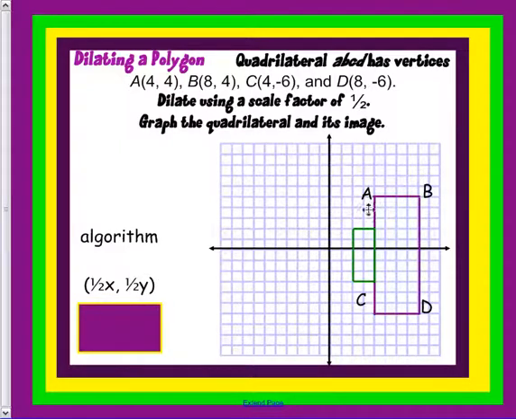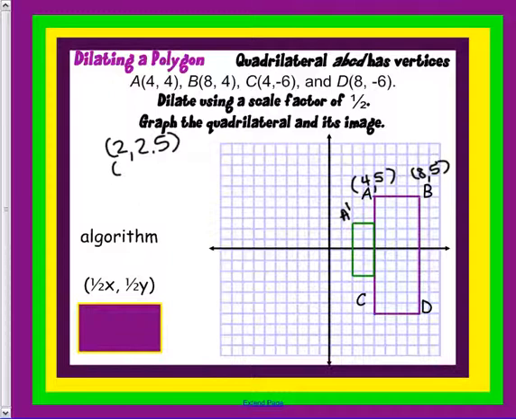So taking A and multiplying it by 1/2 would now give you A's image, because 4, 5 would become 2 and 2.5. Oops, I put my image in the wrong spot. Okay, B, which is, if we look here, 8, 5.